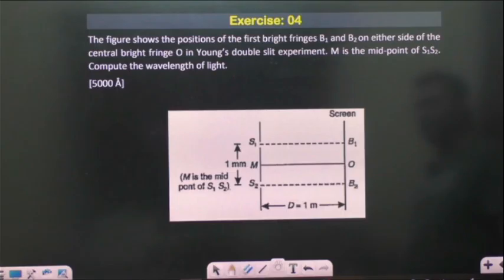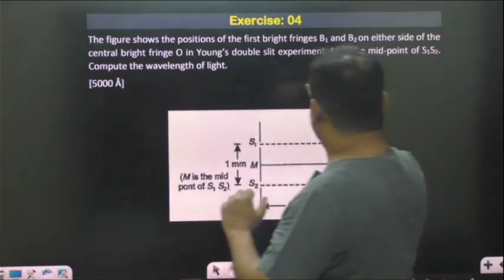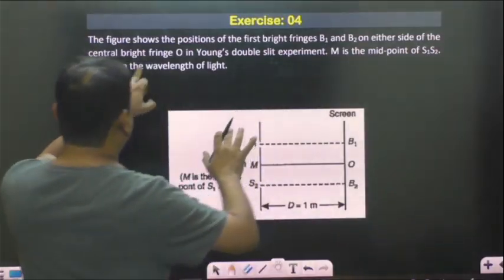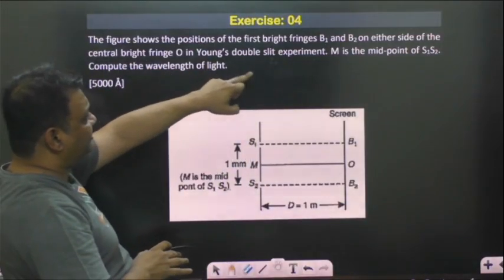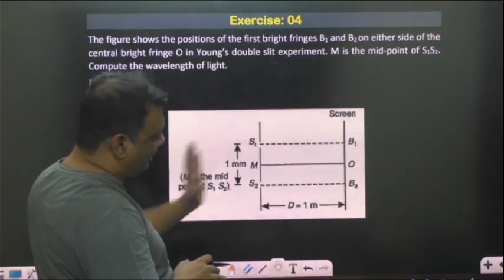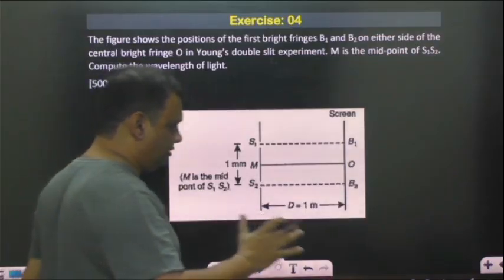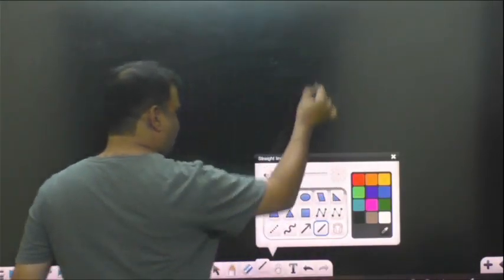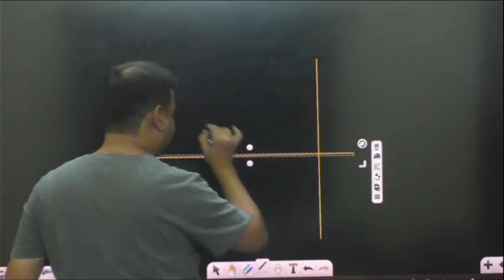Now see the next problem. In the given figure, the positions of the first bright fringes B1 and B2 are shown on either side of the central bright fringe O in Young's double slit experiment. So we can see two bright fringes. If you remember the previous lecture, in Young's double slit experiment, maxima are located symmetrically, remember?